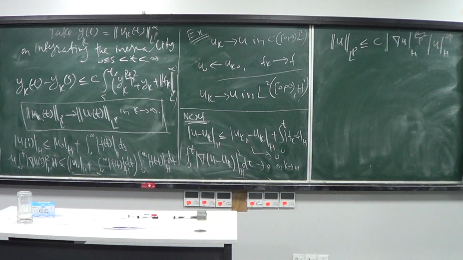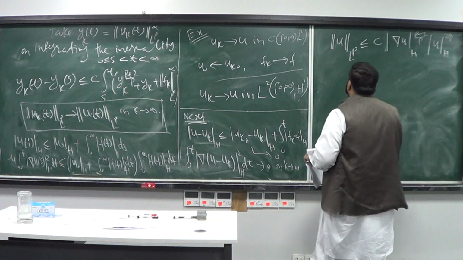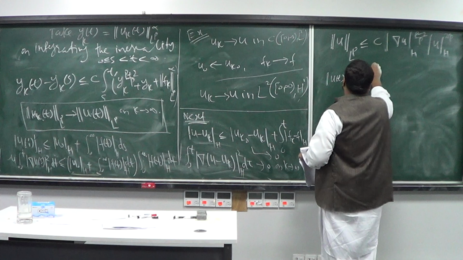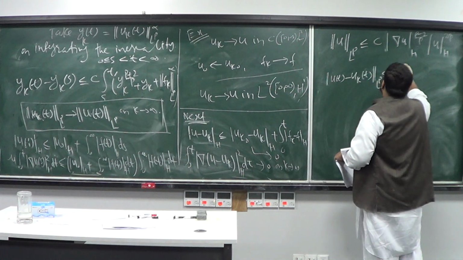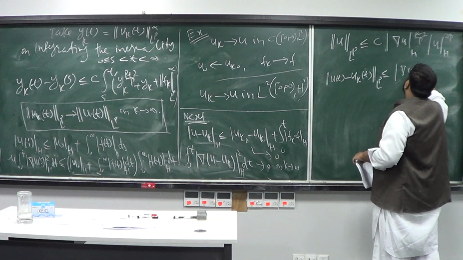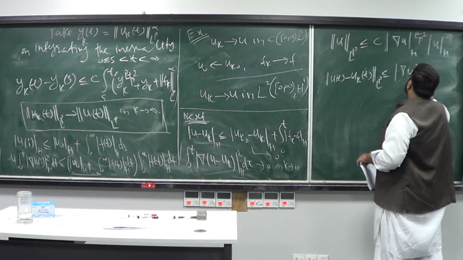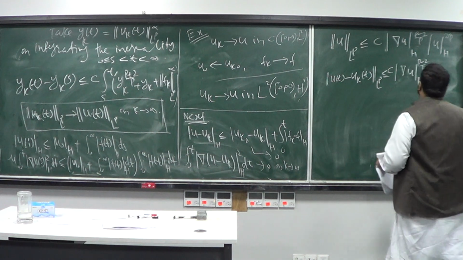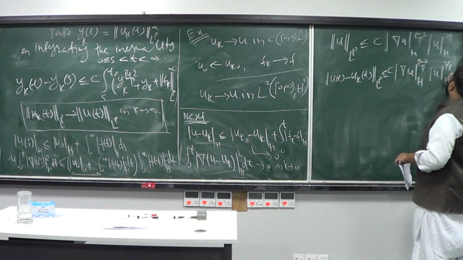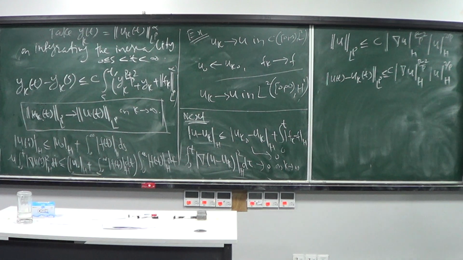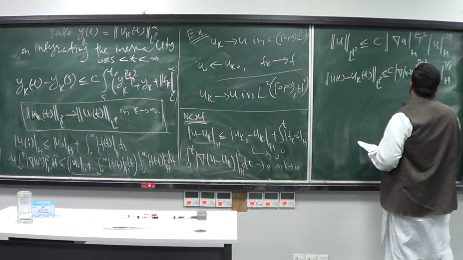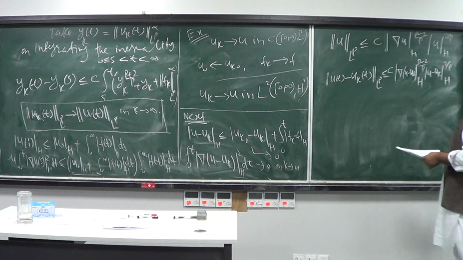Okay, so using this inequality, if I replace u by u of t minus uk of t in the Lp norm, on this side I'm going to get the gradient of u minus uk to the power (p minus 2) over p in H norm times a constant, and u minus uk to the power 2 over p in H norm times a constant.